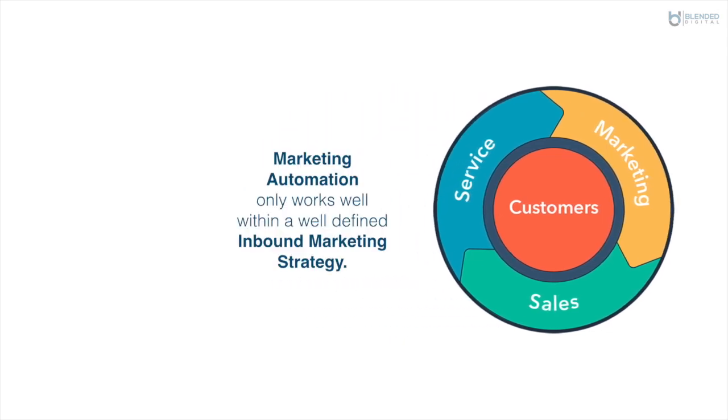And just to reiterate, marketing automation only works well within a well-defined inbound marketing strategy. So you can have the tools to the car, basically. You can have the best marketing automation platform out there, whether that be Salesforce, Adobe, HubSpot, whatever it might be.